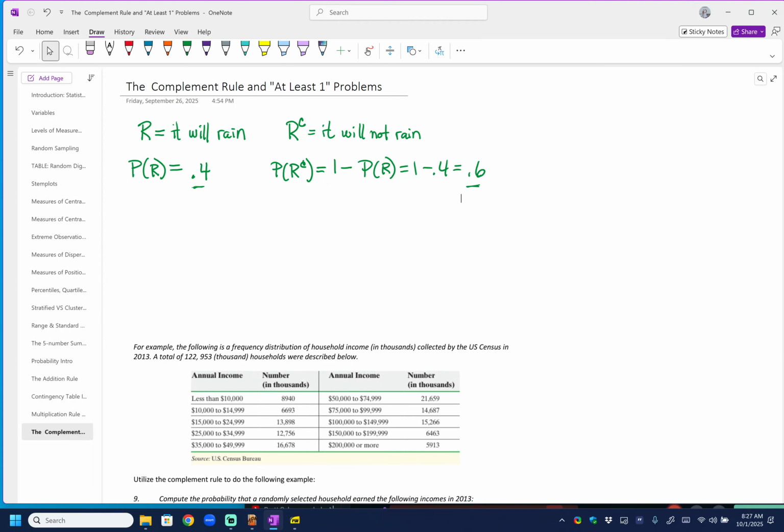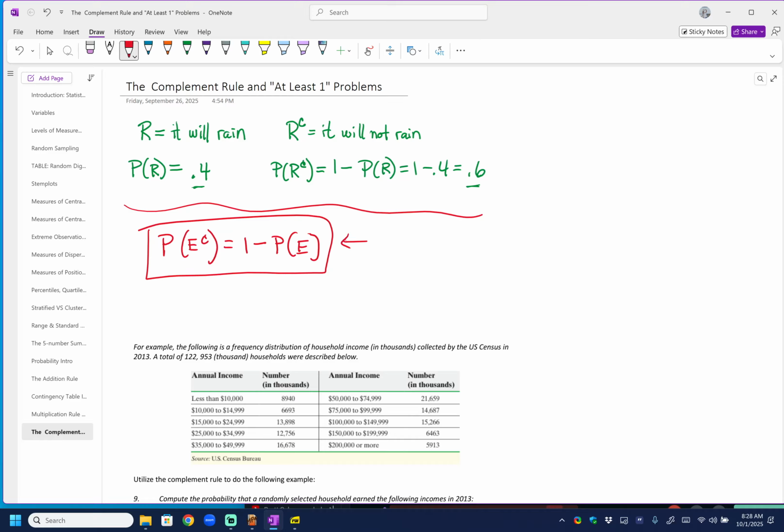To be super technical, if we have some event E, then the probability of E's complement is always going to be equal to 1 minus the probability of E. This is the complement rule.